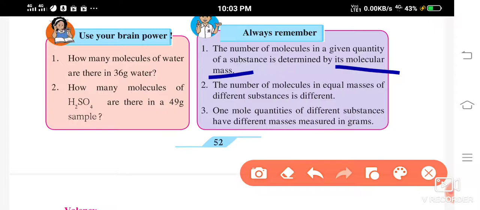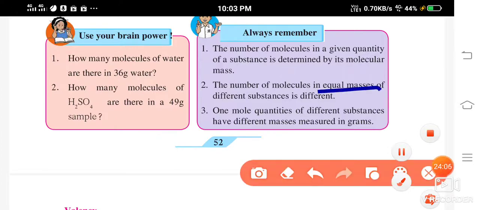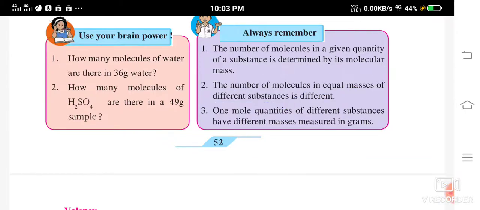Then the number of molecules in equal masses of different substances is going to be different, right? This we have seen in the above examples: if you take equal masses of different substances, the number of molecules are going to be different.